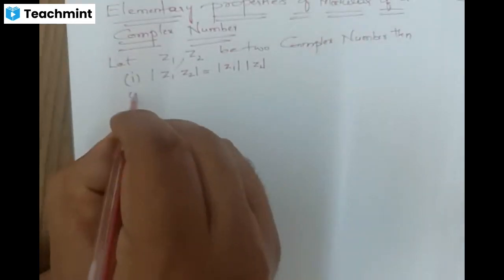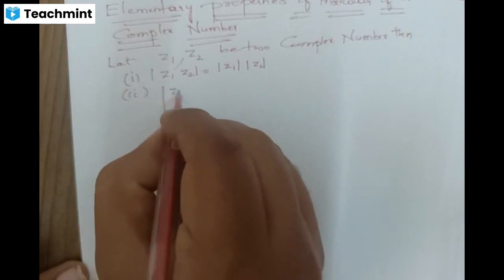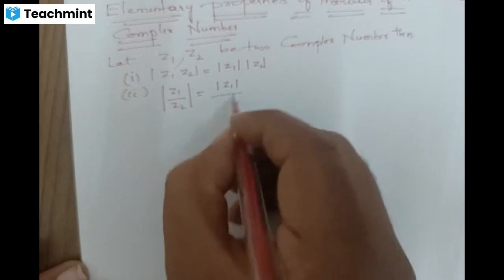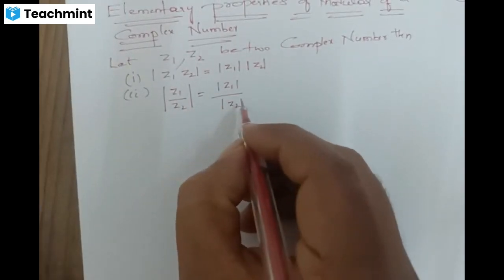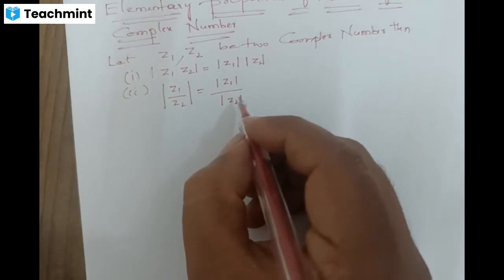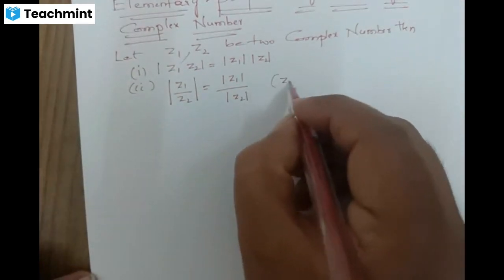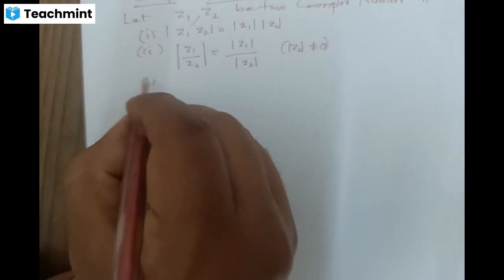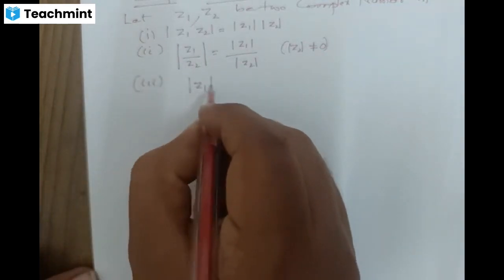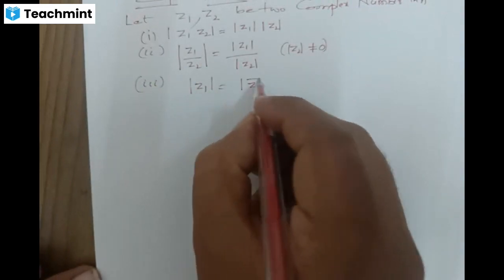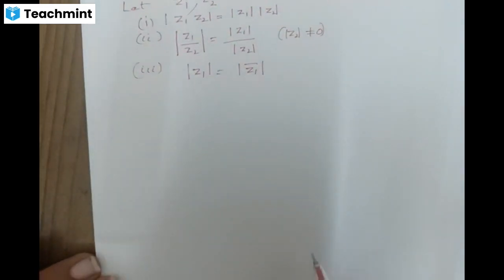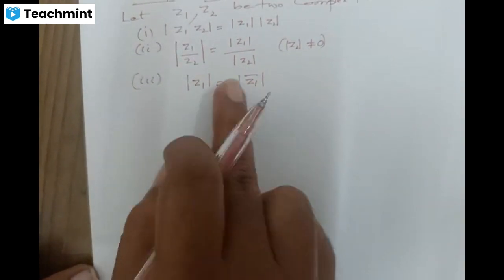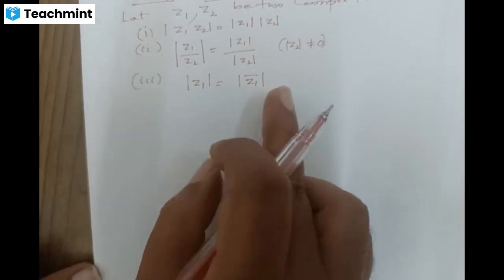Second, modulus of z1 by z2 is equal to mod z1 divided by mod z2, provided z2 is not equal to 0, that is, mod z2 not equal to 0. The third one is modulus of z1 is equal to modulus of the conjugate of z1, the modulus of a conjugate of a complex number.